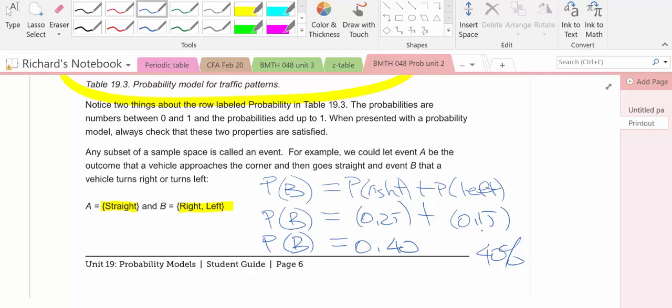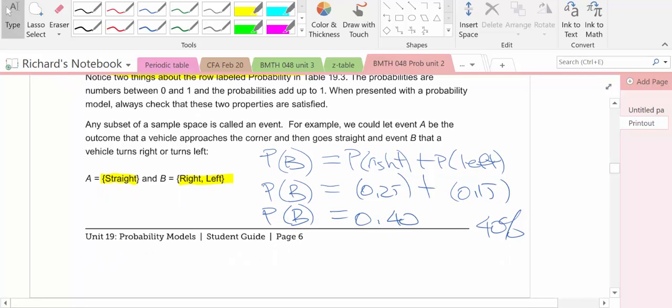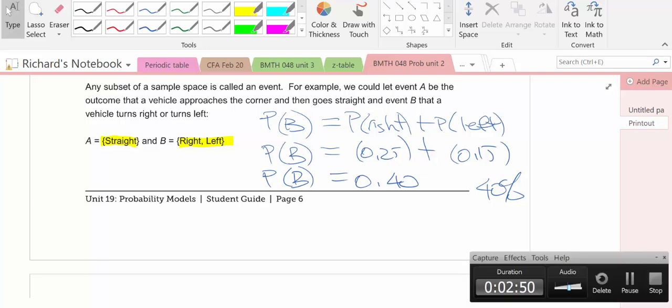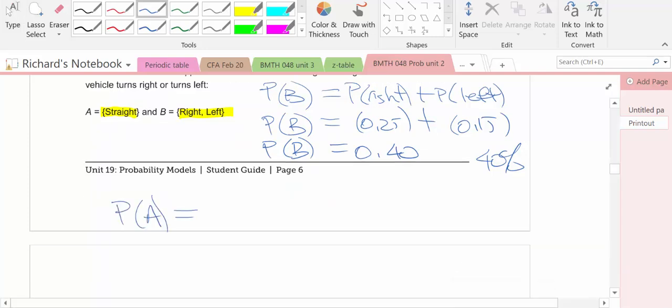The other way to do this is using the complementary rule. So here's how that works. The probability that event A occurs, in other words, the car goes straight, is equal to 1 minus the probability that event B occurs. Because we're working with decimals, 0.40 is the same as 40%.